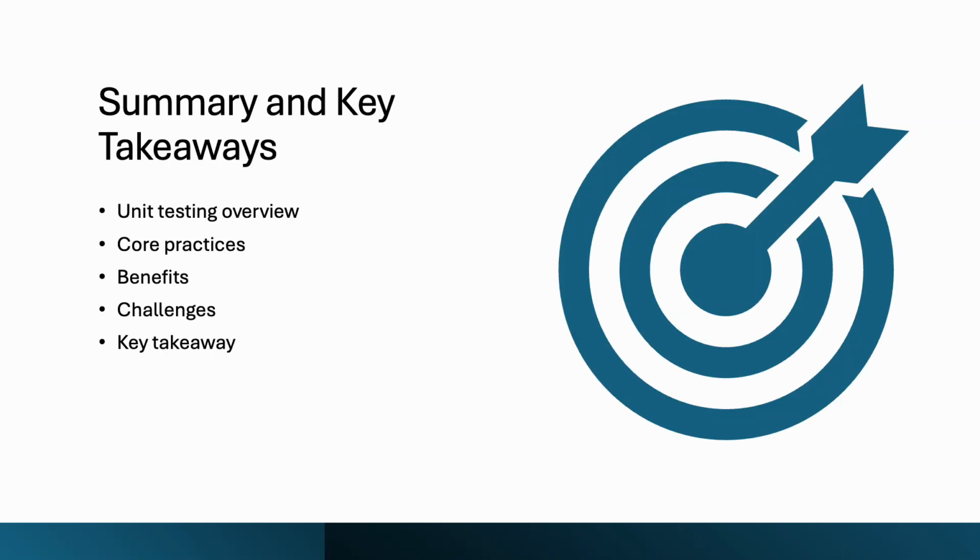So to summarize what's been covered about unit testing: it validates that small pieces of software work as intended, forming the foundation for reliable and maintainable systems. Effective unit testing relies on clear, concise, and independent tests.